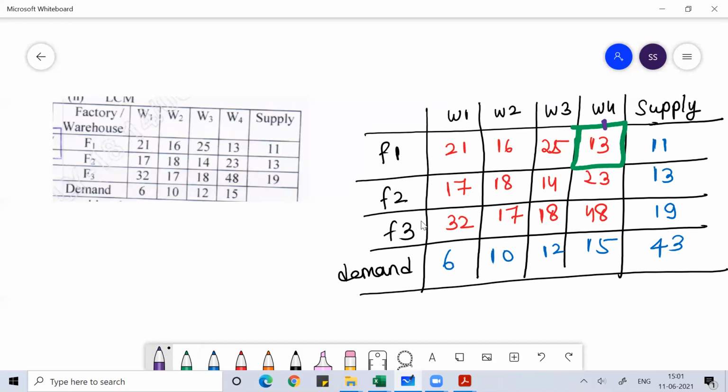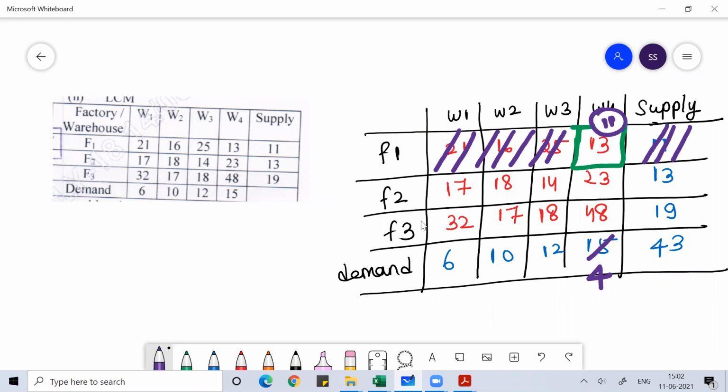So you will put this as 11 and this will be 4. Now if this is 4, then nothing can be supplied to this. So this is 11.